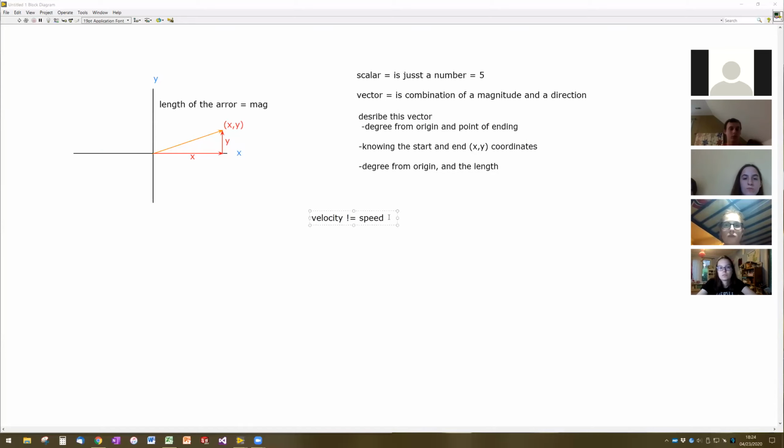Velocity is actually defined as the direction that you're moving and the speed that you're moving in that direction.